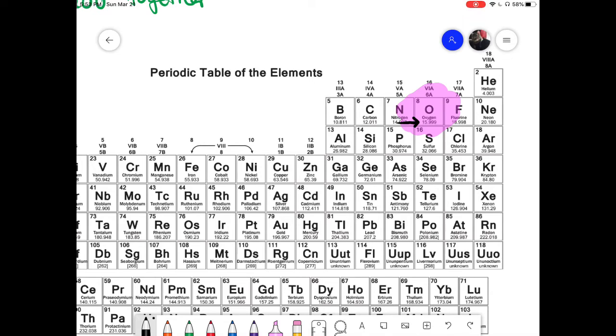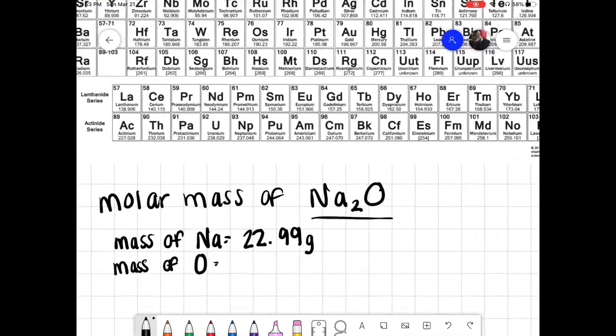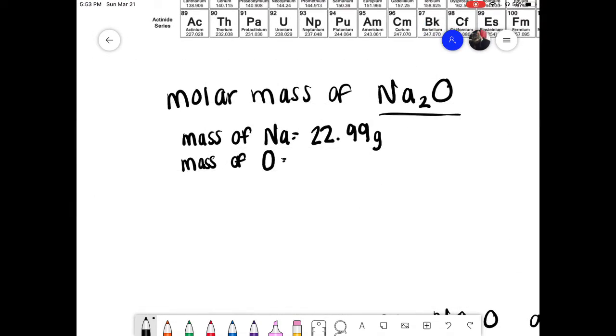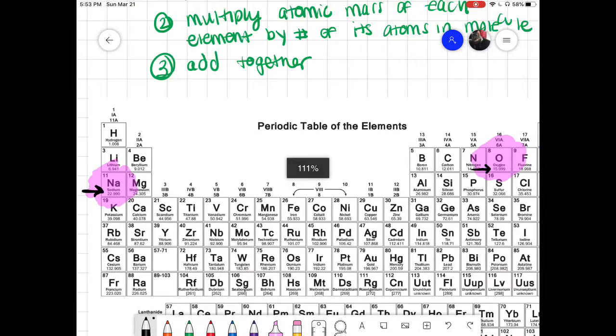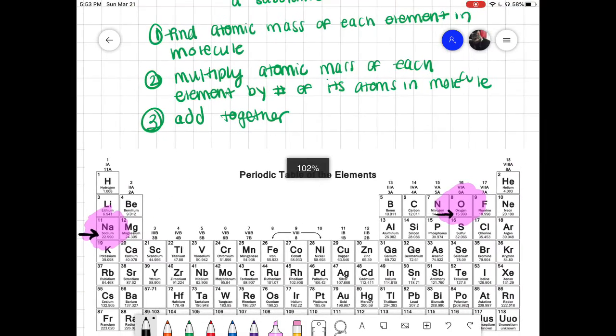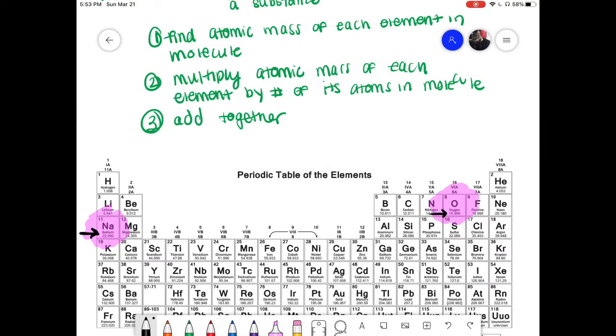So if we round to the second decimal, because the third decimal place is a 9, it's going to push it up, which makes our mass of oxygen 16.00 grams.